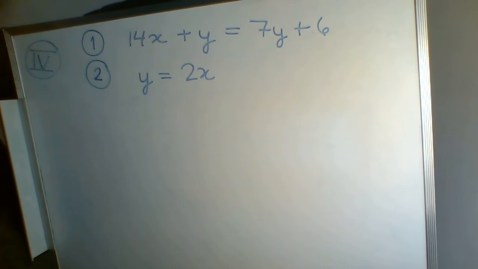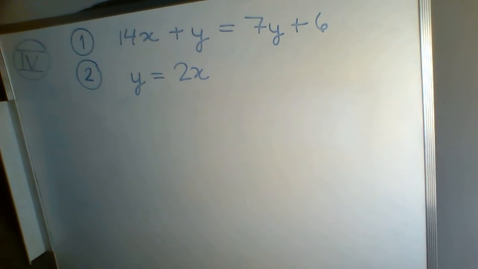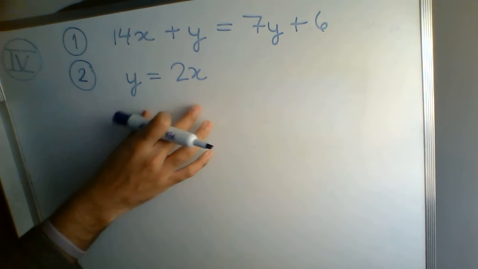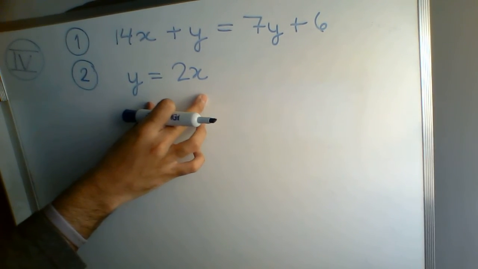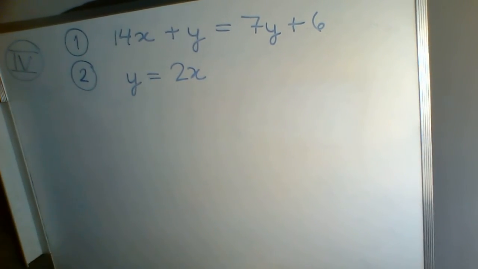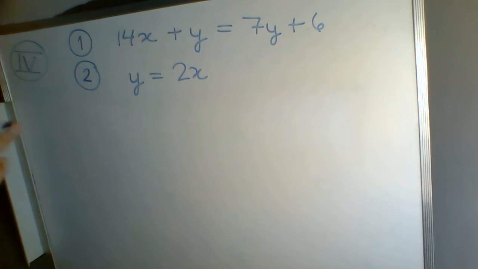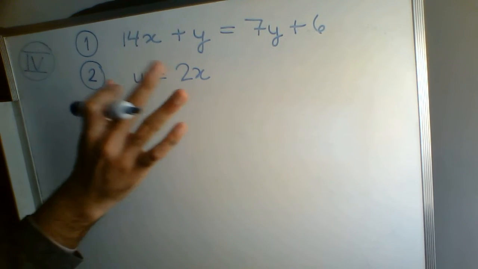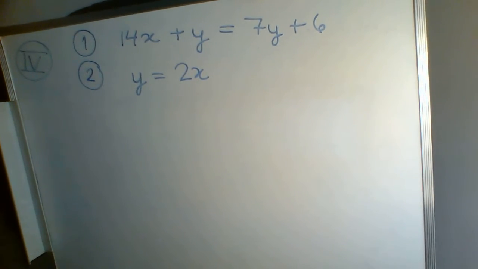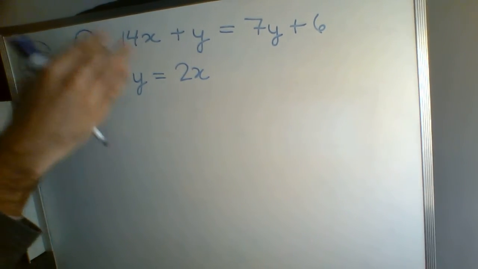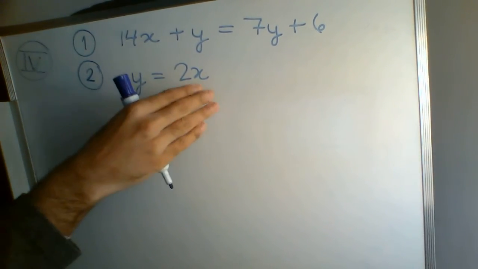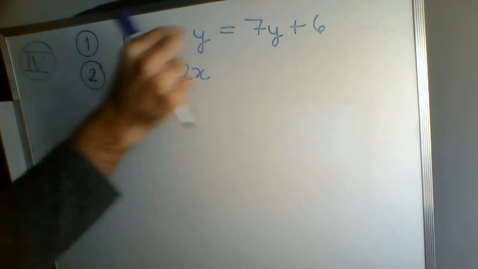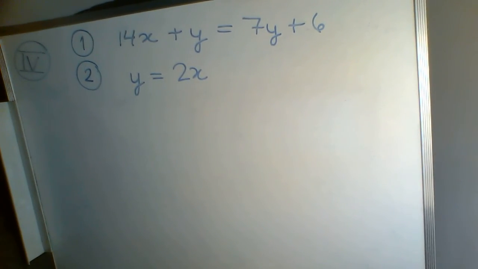Alright, so there are two ways you could go about this actually. I mean, there are several ways that you could tackle each of these problems. Now, since the second equation here has just given us y is equal to something, we can just go ahead and sub that in. But if you were feeling like it, you could rearrange this equation so that you have x by itself, and the only reason I'm suggesting that for this problem is because in equation 1 we have fewer x's. So if you wanted to write x in terms of y, that's fewer things that you would have to replace in equation 1.